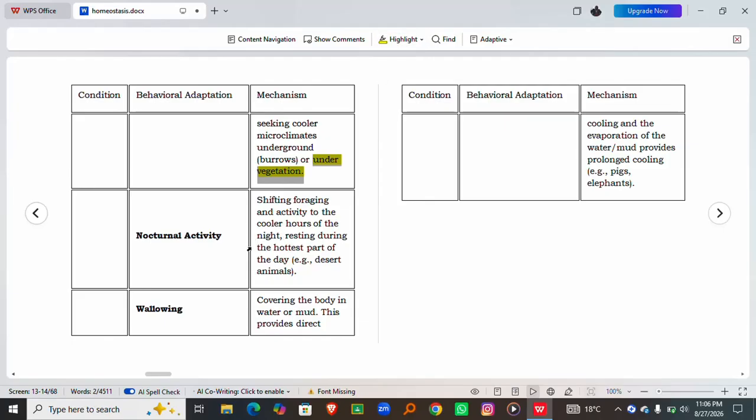Another thing is nocturnal activity. Organisms will change their feeding behavior, or they adapt by changing the time at which they feed. So shifting, foraging. Foraging simply means feeding. They shift feeding and their activity to the cooler hours of the night.